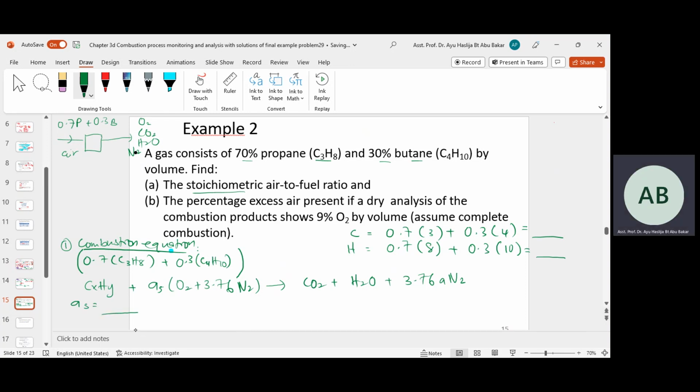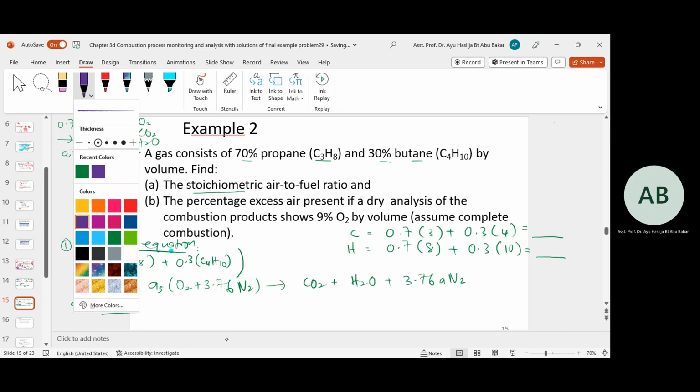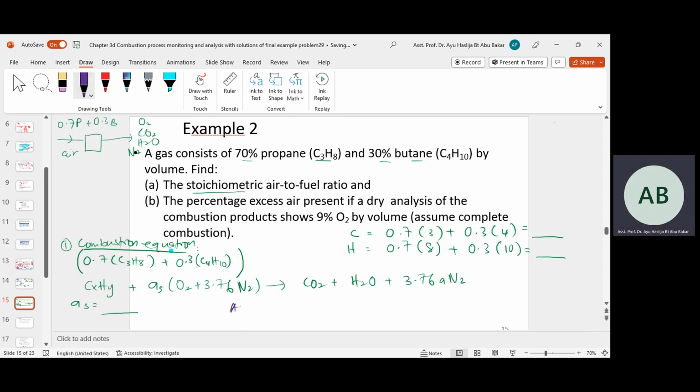Okay, first you find what is the A stoic, then you can find the air fuel ratio stoic. Okay, try to calculate that first.